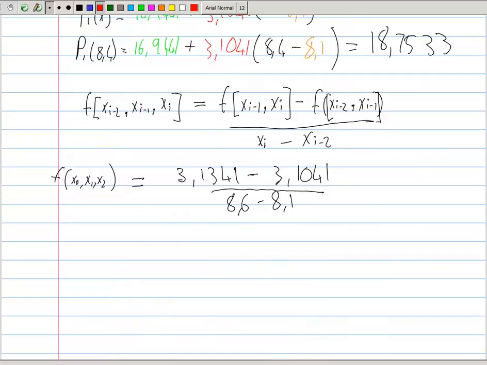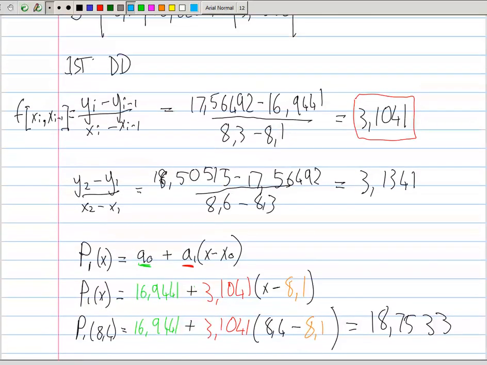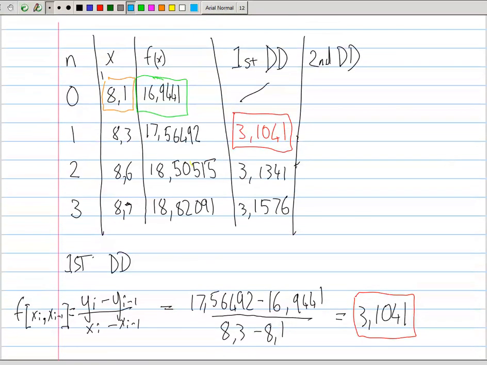And our answer that we land up with from here, let's use a new color, that value we come out with is 0.06000. And let's fill that in our table. So if we go up to here, we now have in our table 0.06.